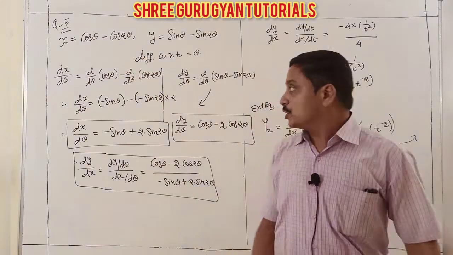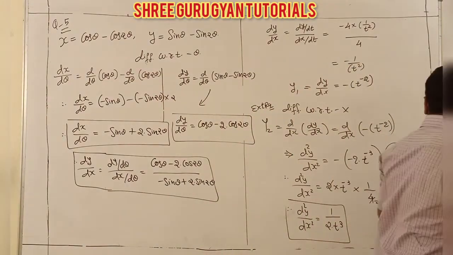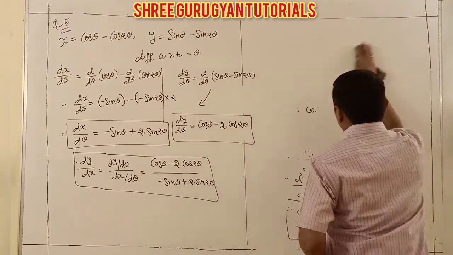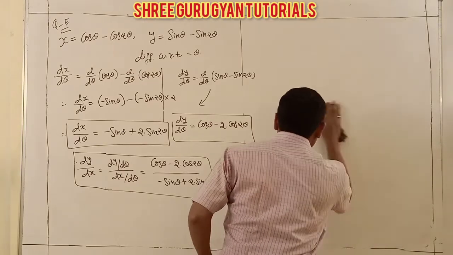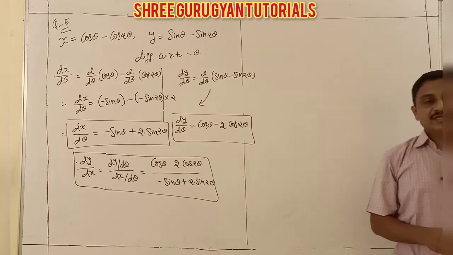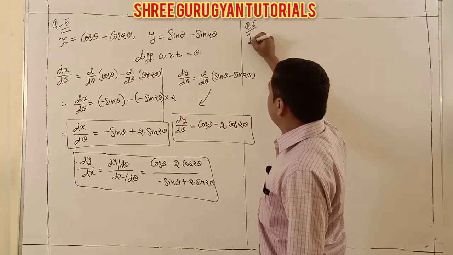Now I move ahead slowly to question number 6. Now students, IMP question starts. Question number 6 is IMP for exam.